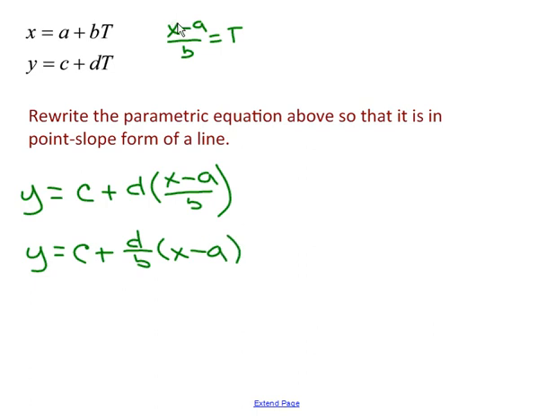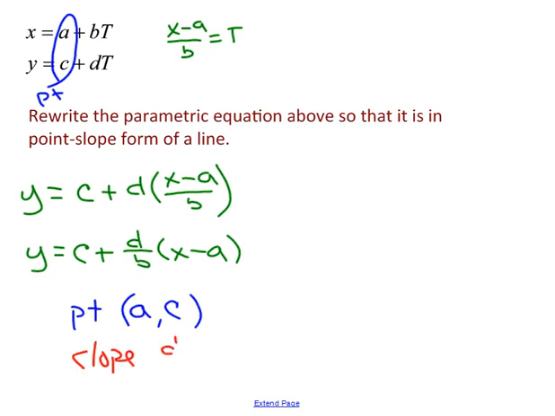And again, where is my point? My point is (a, c). So the point comes from right there. And my slope is d over b. And that comes from right there.